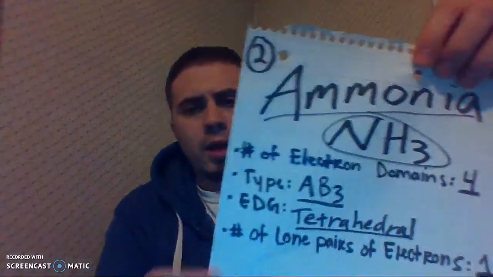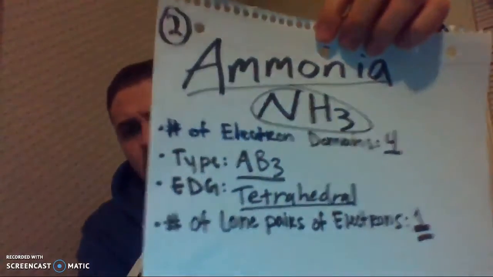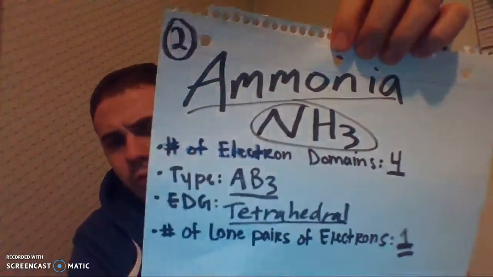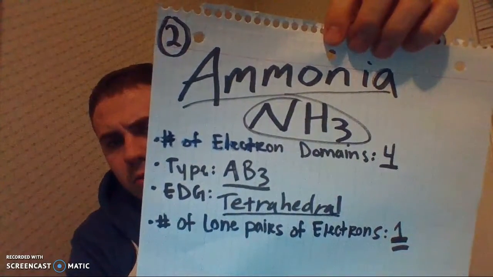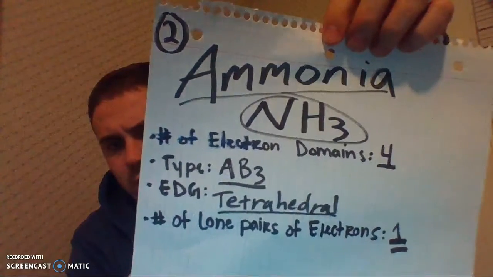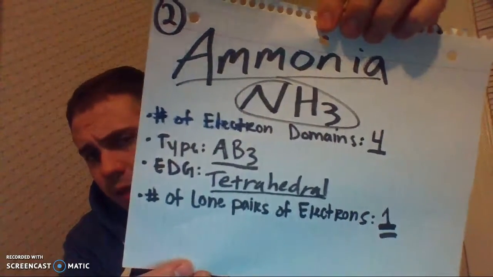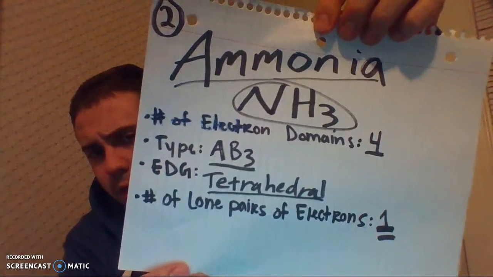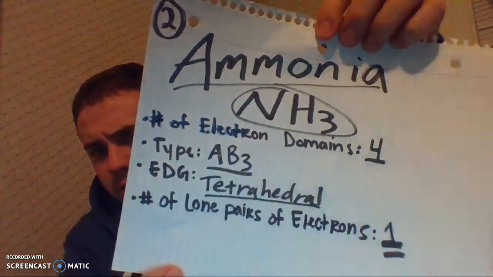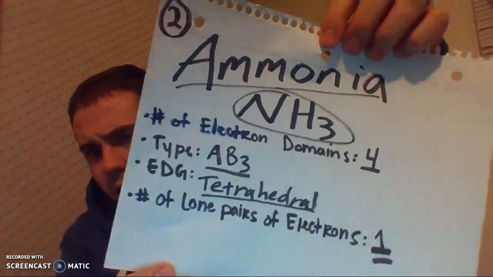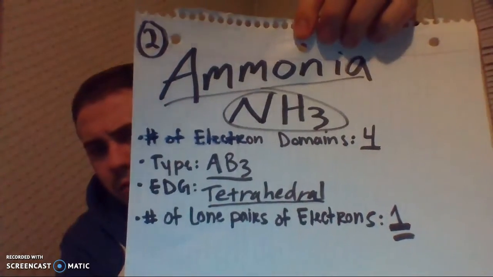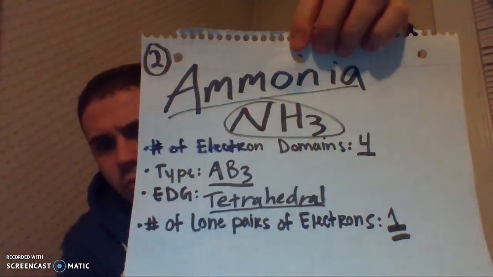Okay. For our next one, we're going to call it ammonia, and it's NH3. The number of electron domains is 4, the type is AB3, and the electron domain geometry is going to be tetrahedral since there are 4 domains, and the number of lone pairs of electrons is 1.